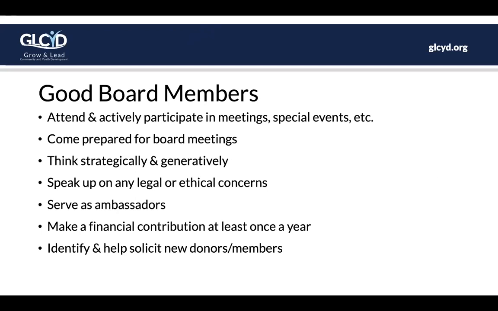Attend and actively participate in meetings, special events, including virtual special events, etc. Being a good board member, leading by example, being the one that is there when attendance is low and being engaged and involved in discussion, taking the opportunity to see some of the programs that are being delivered by your organization, possibly virtually, and that maybe you couldn't see in person.